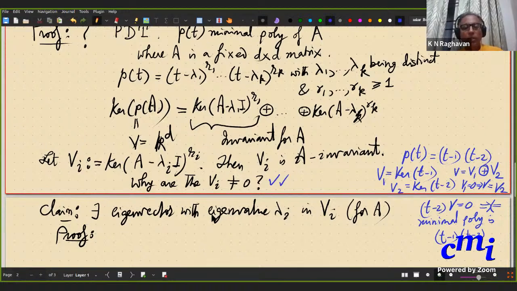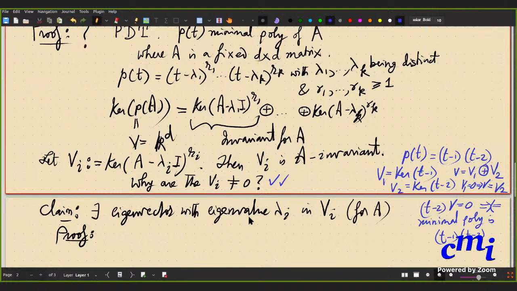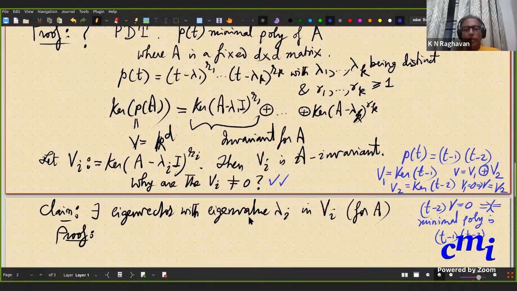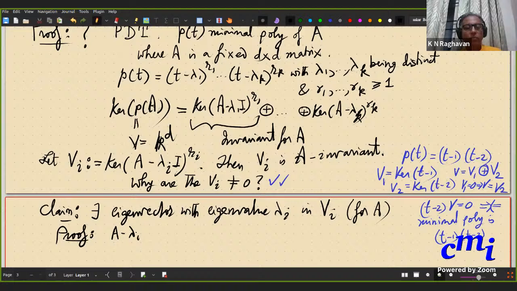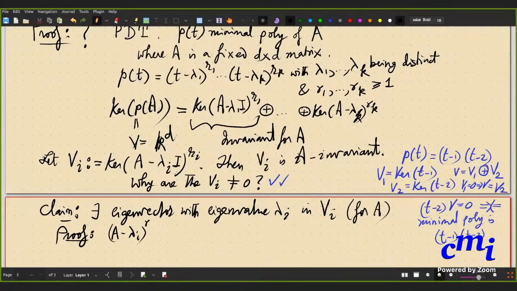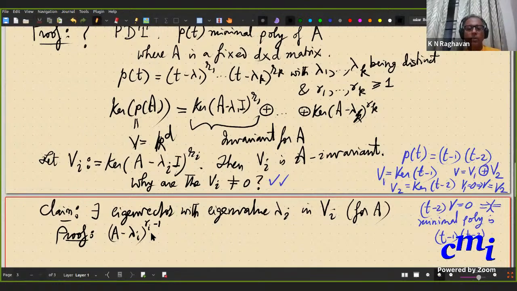Now, can you please answer this one too? Why do you take (A minus lambda I) to the power Ri minus 1 at V? Say that again. Very good. (A minus lambda I) to the power Ri minus 1, at V. I take this and then do what?